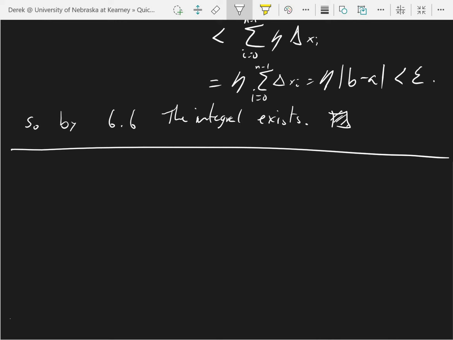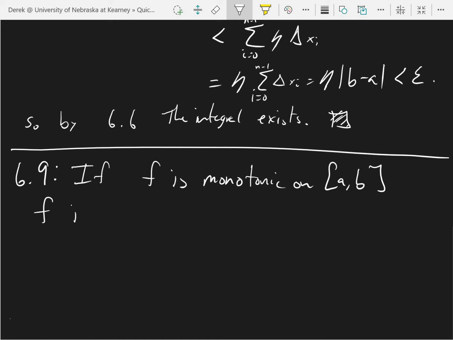But really, since everything is increasing, I can make the gauge of my partition small enough that the difference between the low point and the high point in the interval doesn't get too big. So this is going to be 6.9: if f is monotonic on [a, b], f is integrable on [a, b].